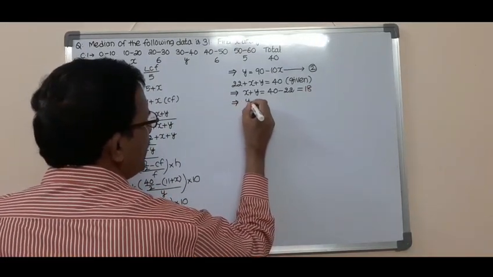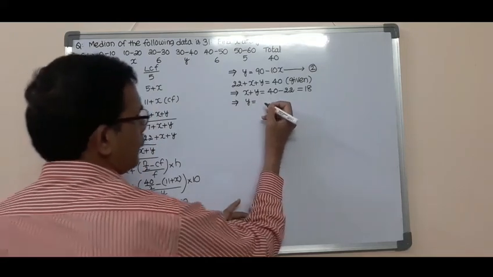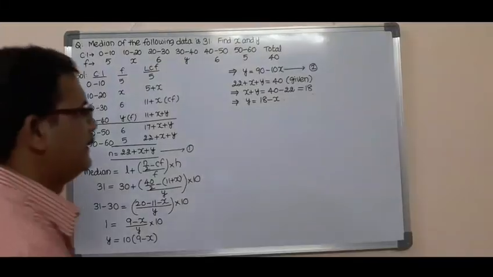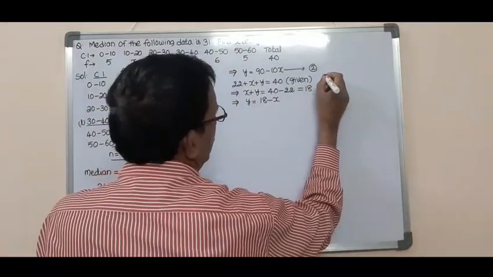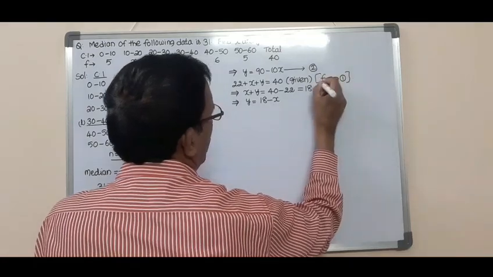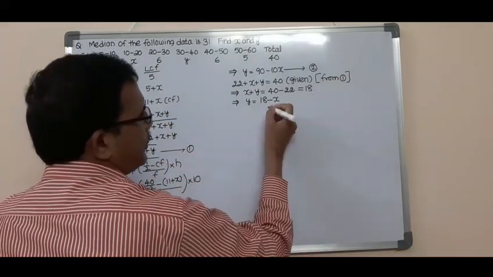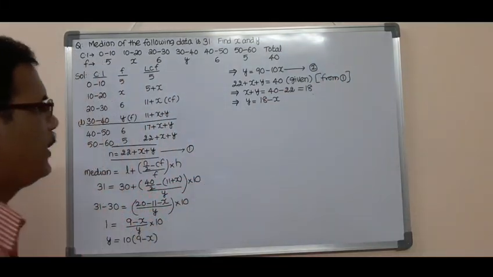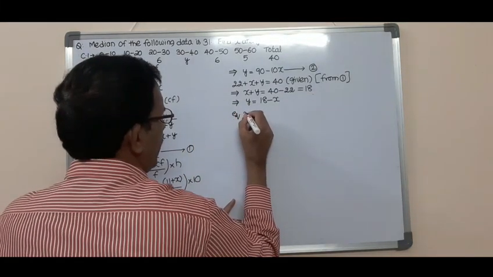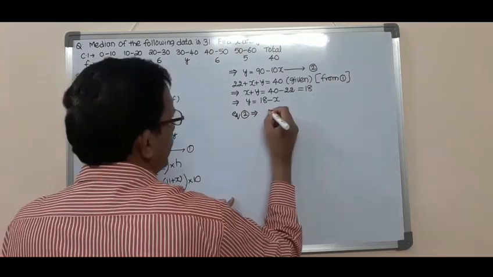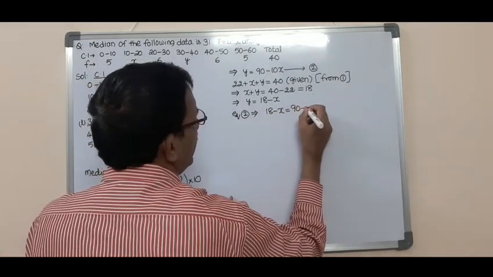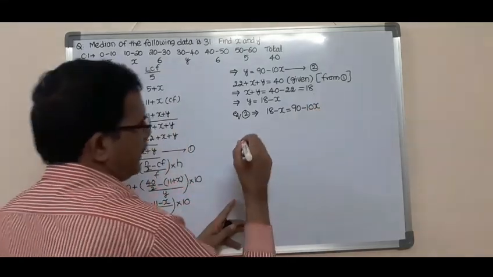Implies y is equal to 18 minus x. Now, by substituting this value in equation 2, we will get the variable value. In equation 2, writing y value, 18 minus x is equal to 90 minus 10x.